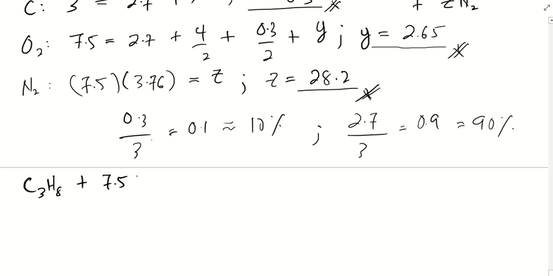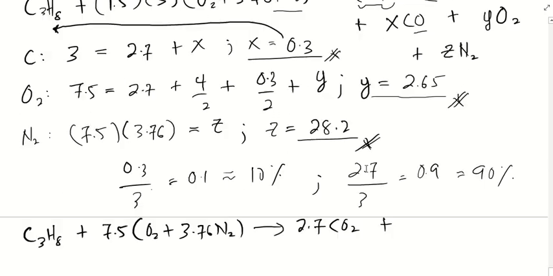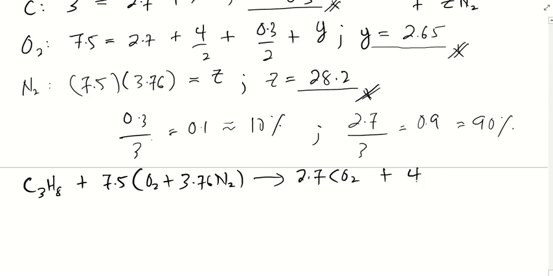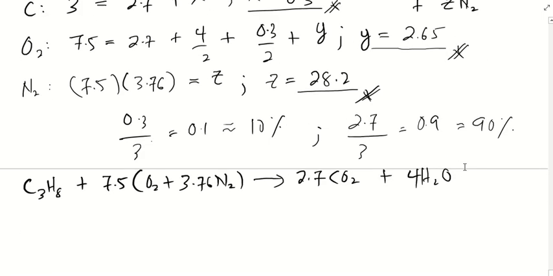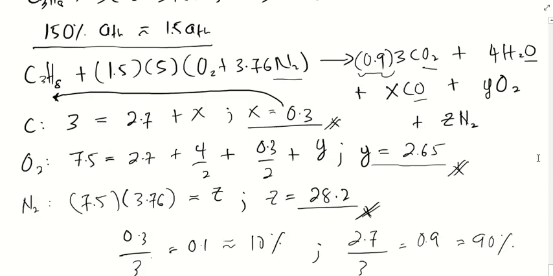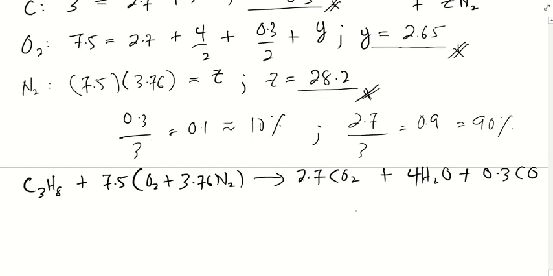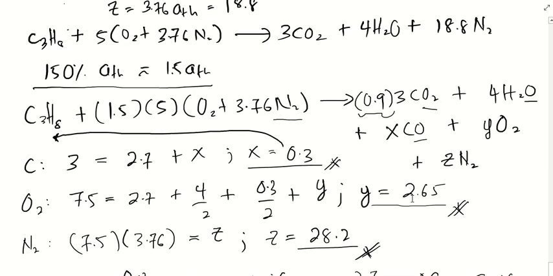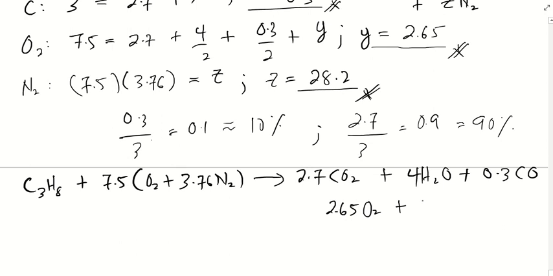C3H8 plus 7.5 O2 plus 3.76 N2 equals to 2.7 CO2 plus 4H2O, carbon monoxide is 0.3, and Y is 2.65 O2, plus N2 is 28.2.